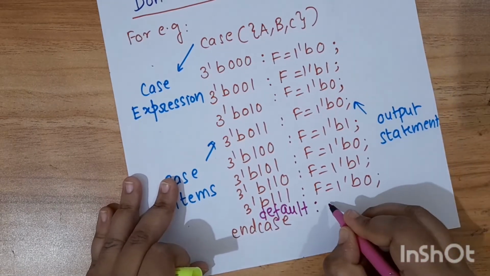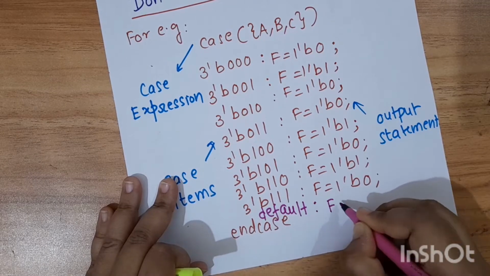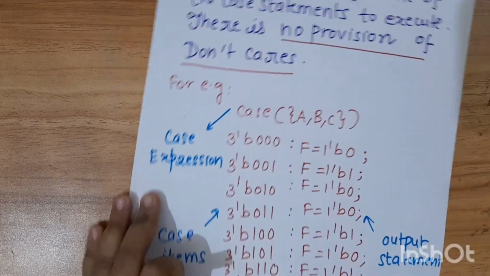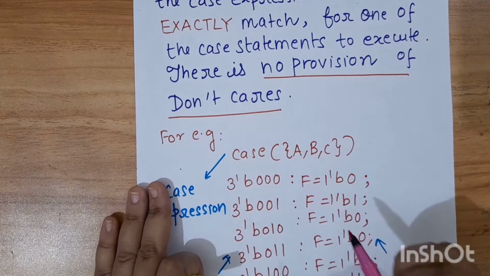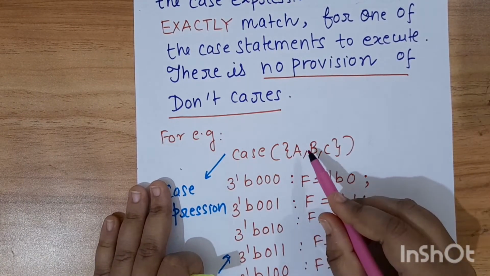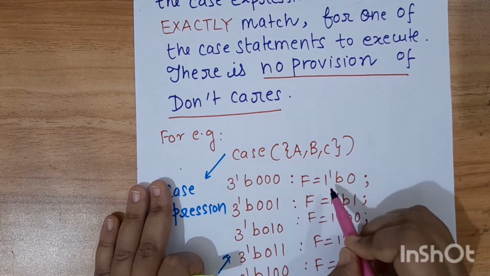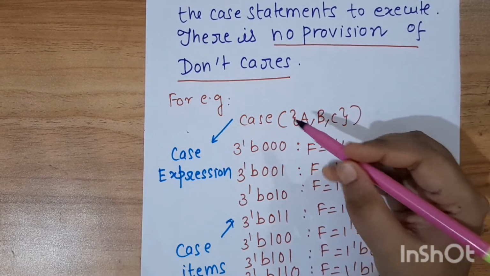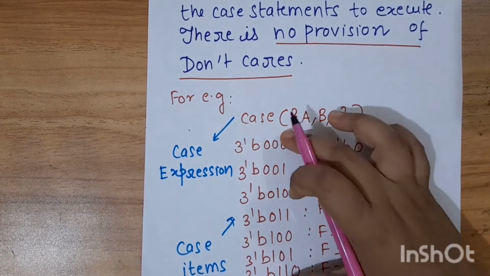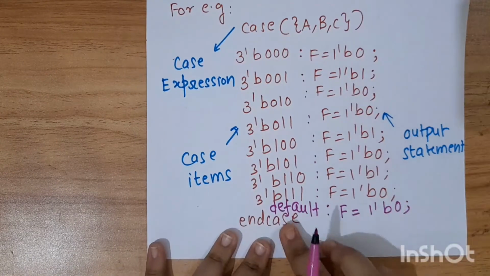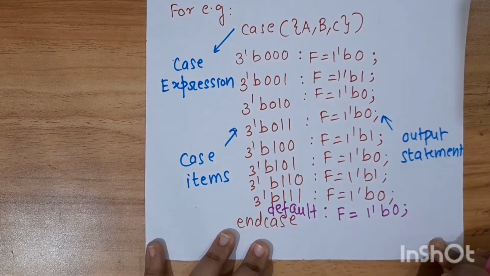And for the default case, I will provide a default value of output. That means if A is X, or A is Z, or B is X, B is Z, or C is X, or C is Z, then I am not having an exact match here. So I will move to the default value of output.